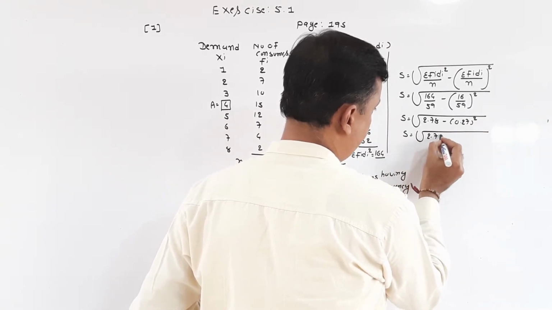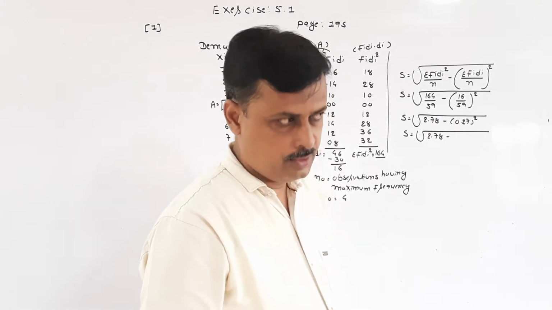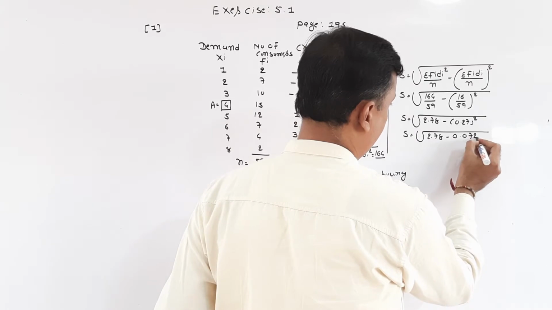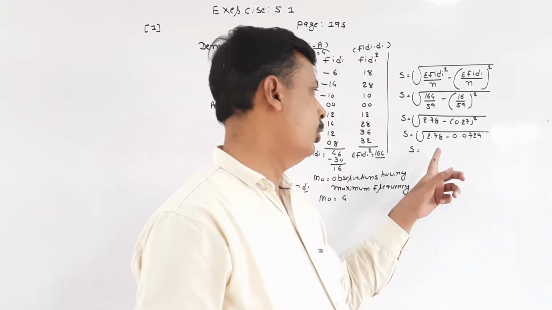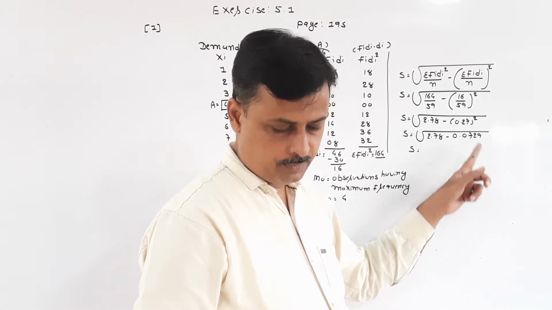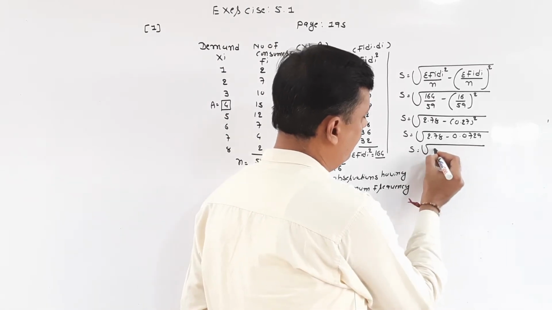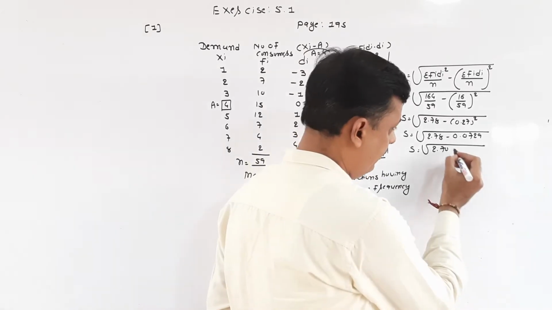So 2.78 minus 0.27 square, that is 0.0729. 2.78 minus 0.0729 is 2.71.